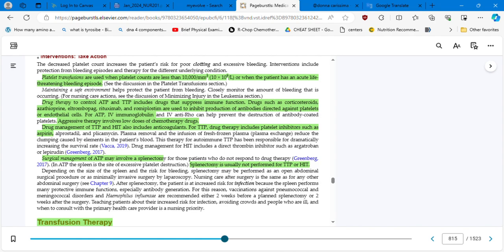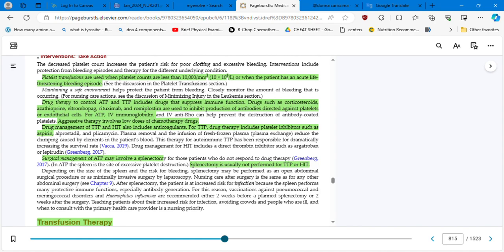Those are going to inhibit production of antibodies directed against platelets or endothelium. For the autoimmune type, IV immunoglobulins and IV anti-Rho can help to prevent the destruction of antibody-coated platelets.